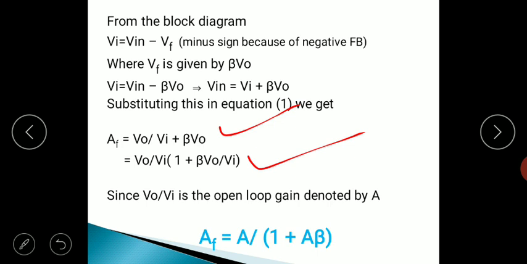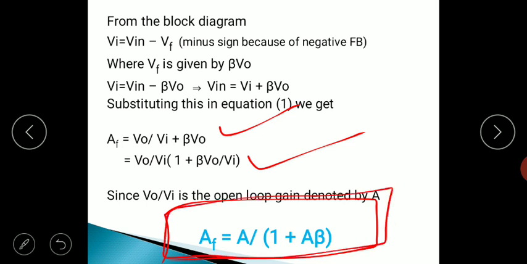Now in this equation, V0 by Vi is nothing but the open loop gain of the amplifier, denoted by A. So substituting V0 by Vi equal to A, we get AF equal to A divided by 1 plus A beta, and this is the required equation for the closed loop gain of a negative feedback amplifier.